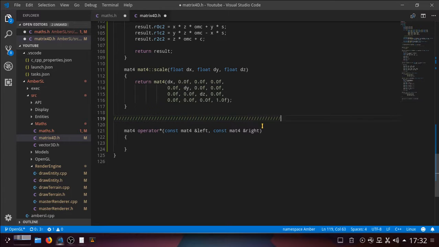Because it's no longer... so these are system operations. This is the multiplication operation from 2 mat4s.